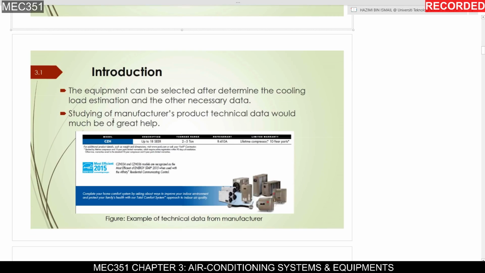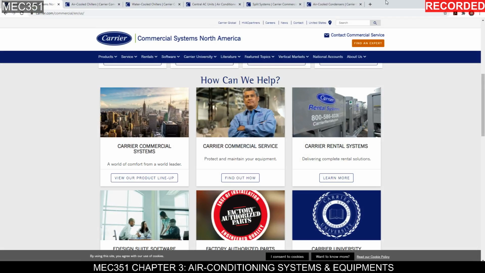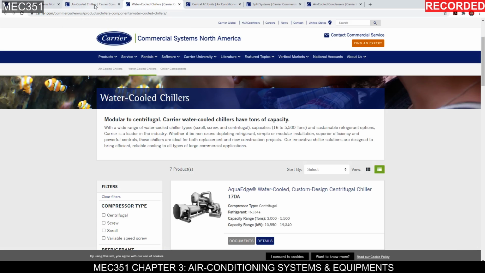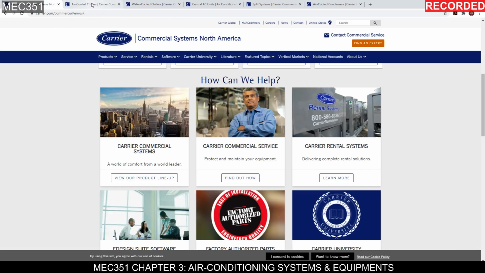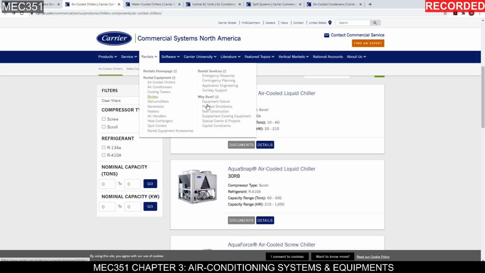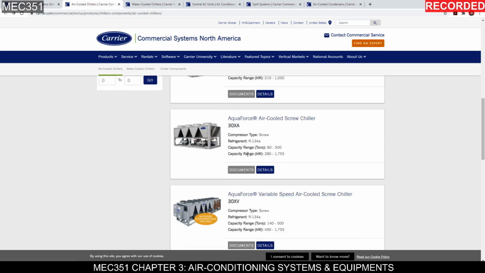Studying the manufacturer's product technical data will be of great help. So let's say if you want to design an aircon, you must be familiar with certain brands or widely used aircon manufacturers in the world. Then you have to be familiar with their products.